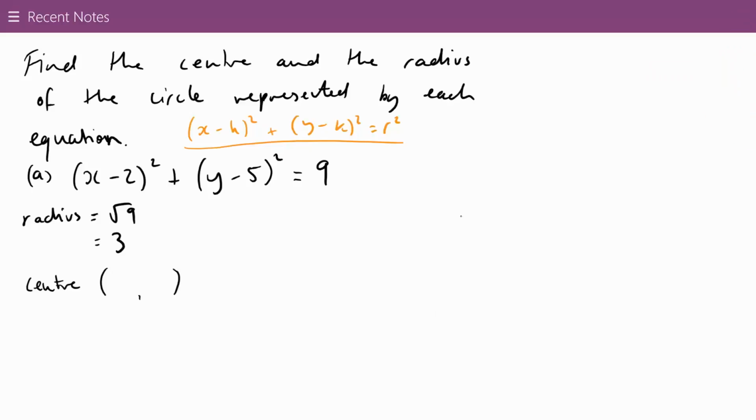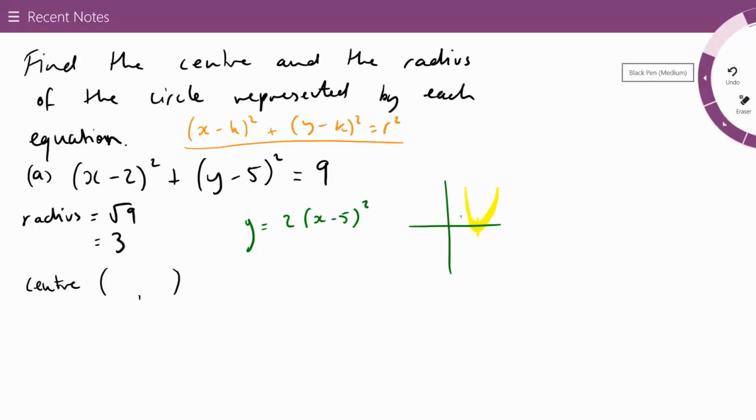When we had the parabola y equals 2(x minus 5) squared, and this would be a parabola, I said to you, whenever a parabola is touching the x-axis, its y-coordinate point is 0.